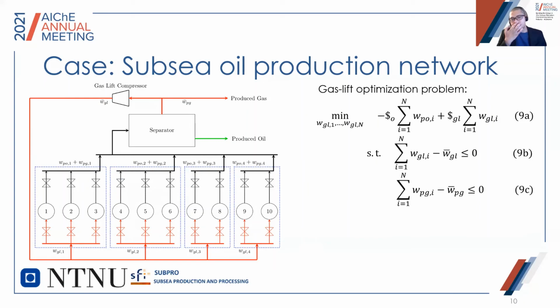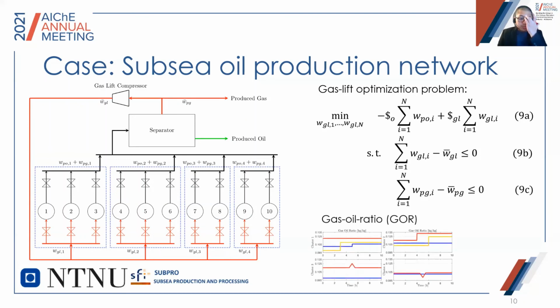That's actually the problem here. What we are going to do is basically maximize the revenue of oil production and minimize the cost of gas lift, while taking into account the constraints that we have here. The first constraint is on the total resources, which are the total gas lift rate and total produced gas, because usually we have a maximum capacity of the gas processing facilities.